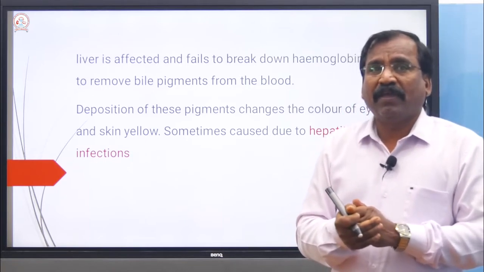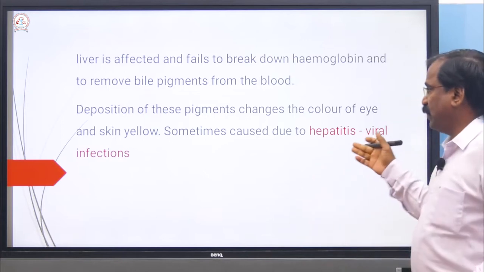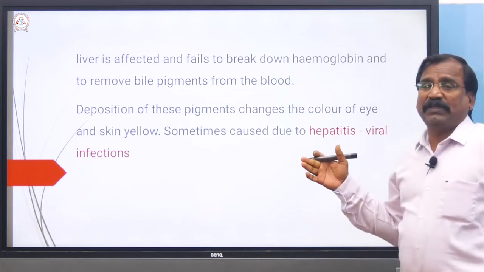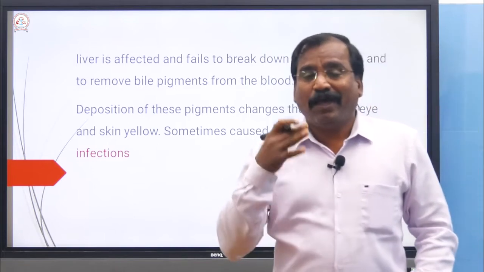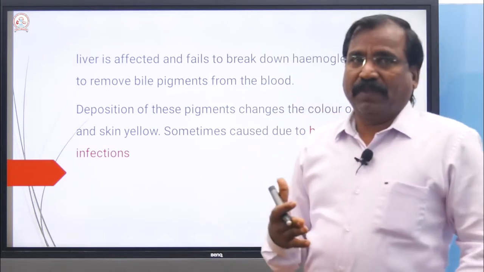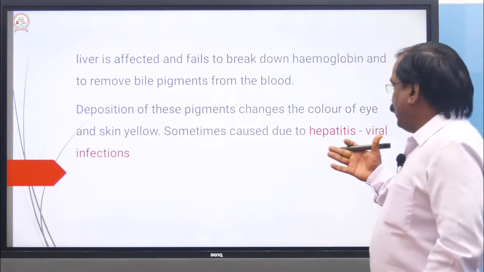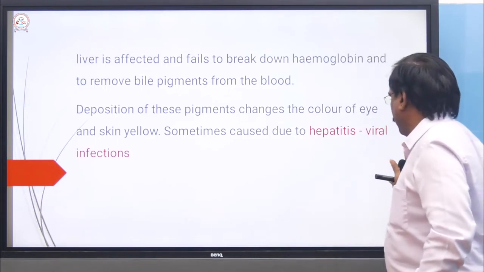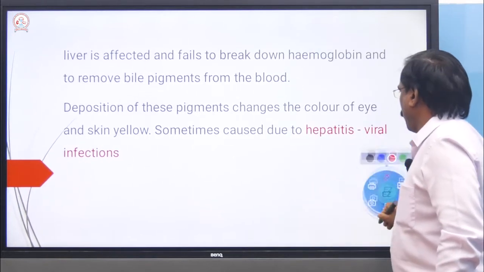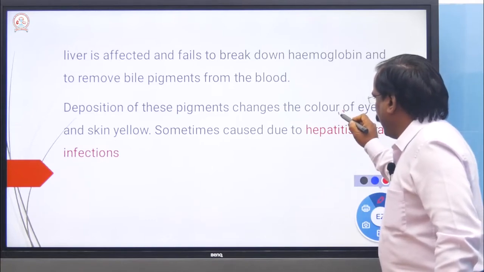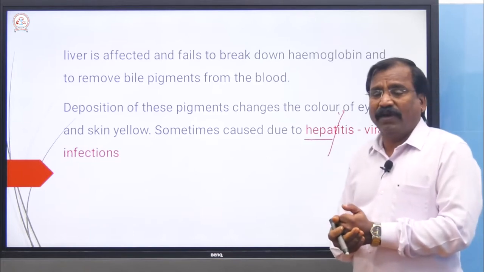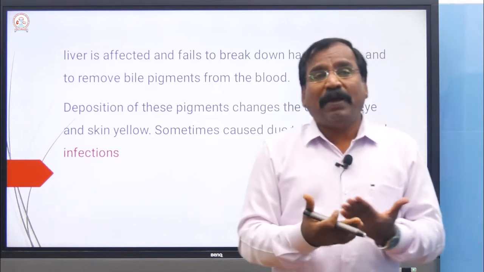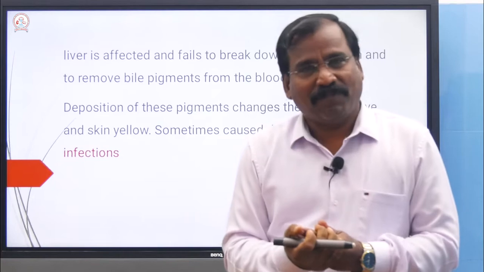So viral hepatitis is due to the viral infection. The name of the virus is hepatitis B. You know, itis means inflammation. Hepatitis is inflammation of the hepatic, that is, the liver; the word hepatic is related to the liver.